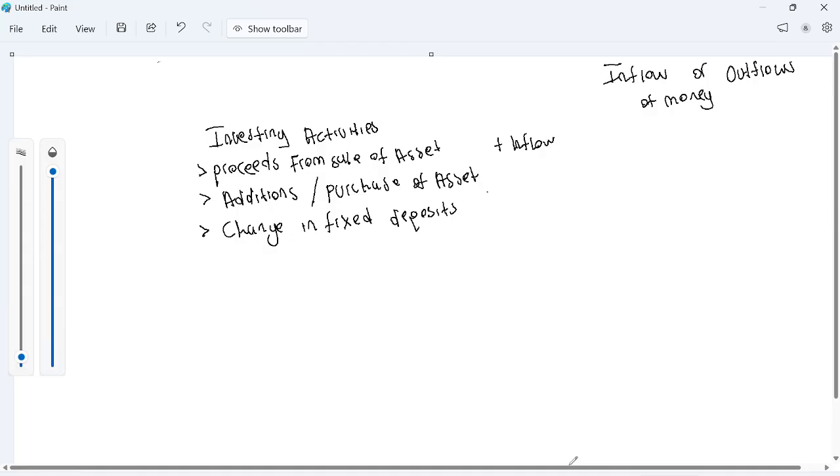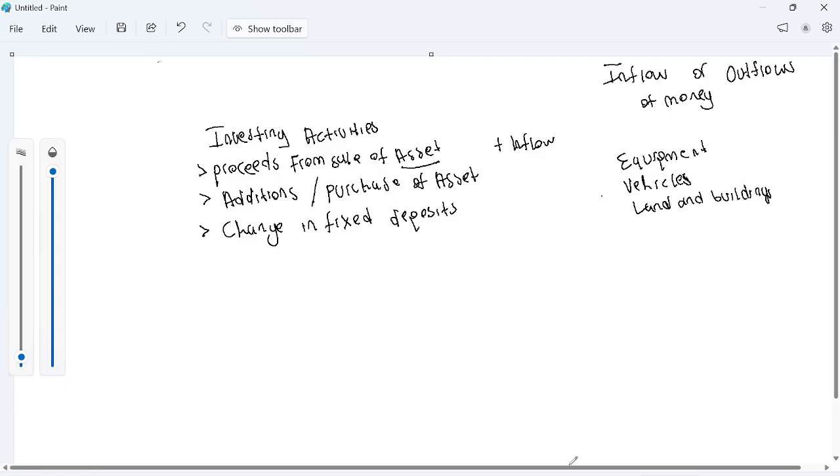When I'm talking about additions now, or purchase of an asset, remember guys, when I'm referring to the term asset, I'm referring to my equipment, my vehicles, land and buildings, right?